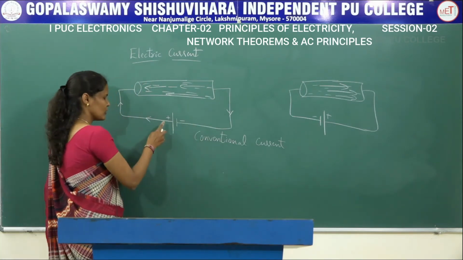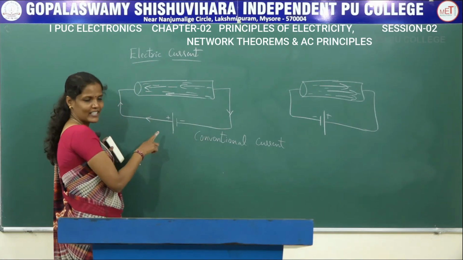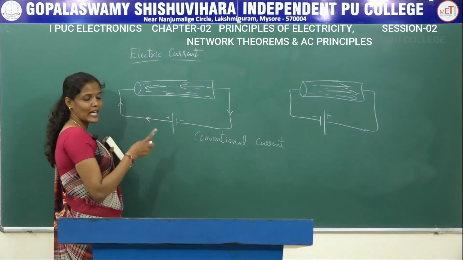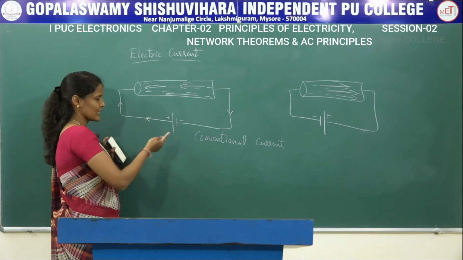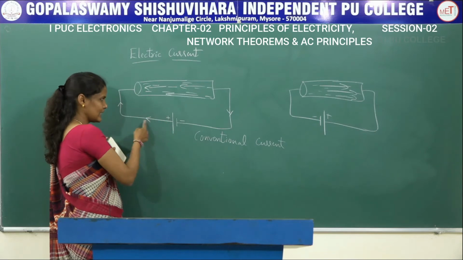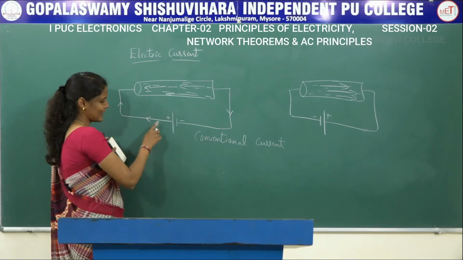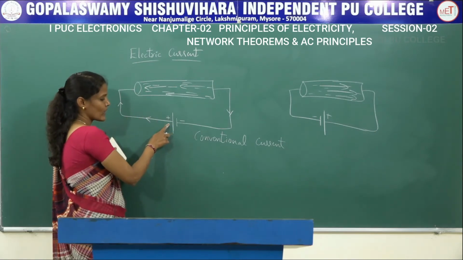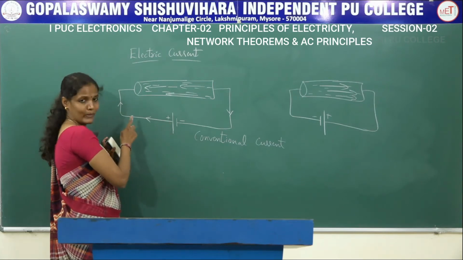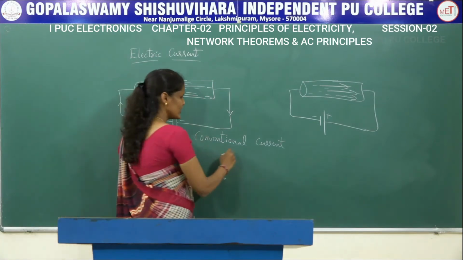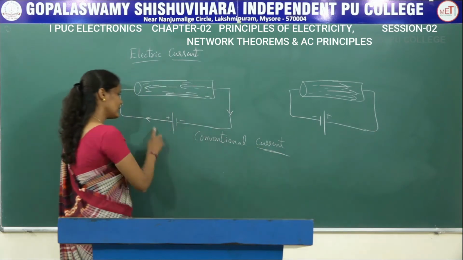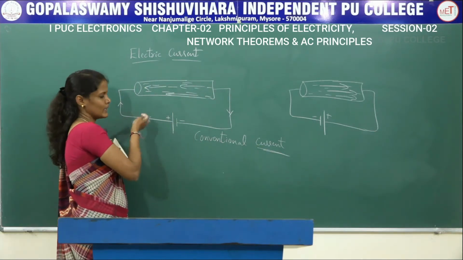So the conventional current direction is always opposite to the flow of electrons. If electrons move like this, the current moves like this. We can simply say that the current will always flow from the positive terminal of the battery.